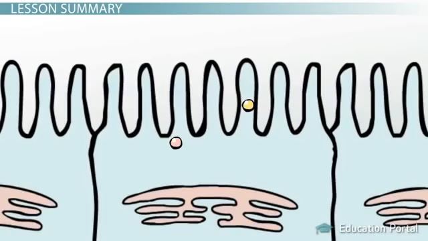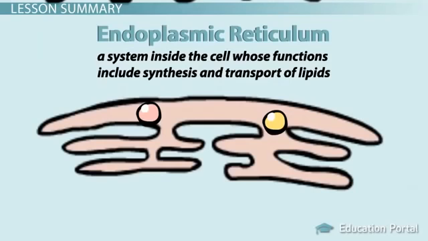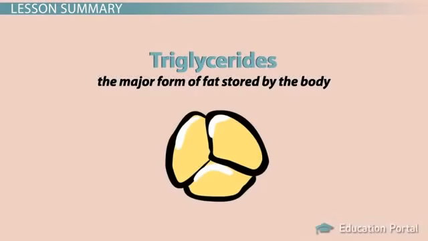These small units are able to pass through the intestinal mucosa and enter the epithelial cells of the small intestine. Once inside the cells, they enter the endoplasmic reticulum, which is a system inside the cell whose functions include synthesis and transport of lipids. Here, the digested products are resynthesized into triglycerides, which are the major form of fat stored by the body.